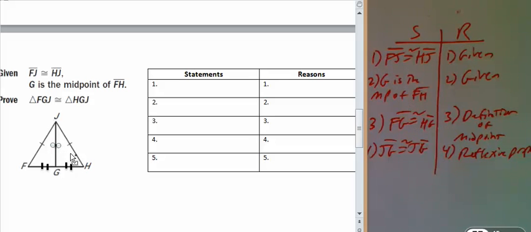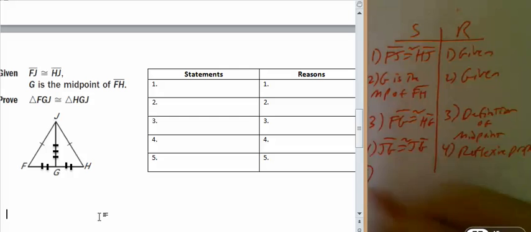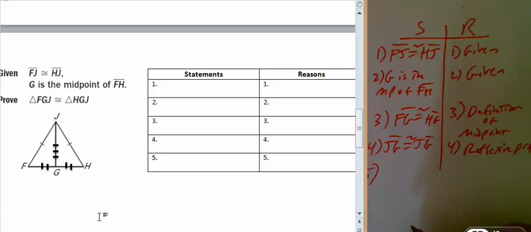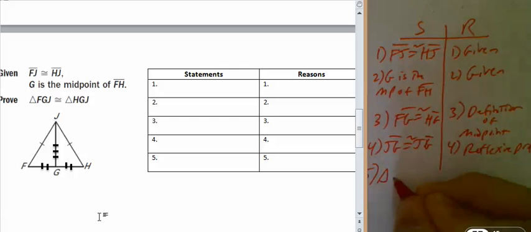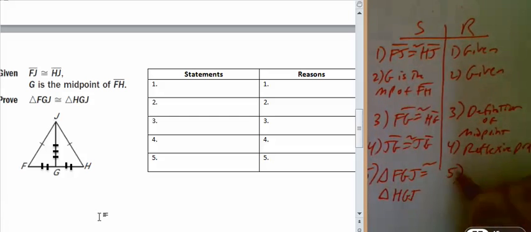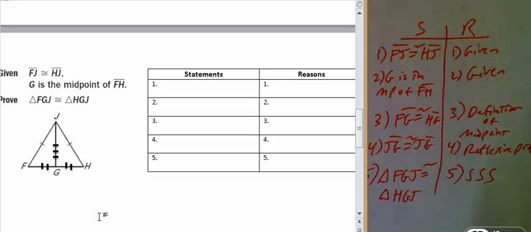Bear with me. 2, 3. And there it is. All right, not too bad. And since I have all three sides of one triangle congruent to the other, I can then conclude triangle FGJ must be congruent to triangle HGJ. And of course, that's by our new postulate, side, side, side.